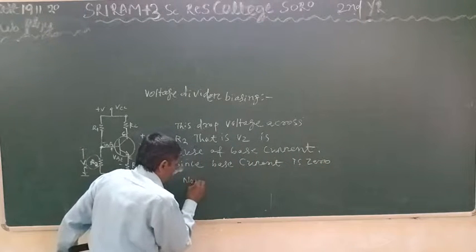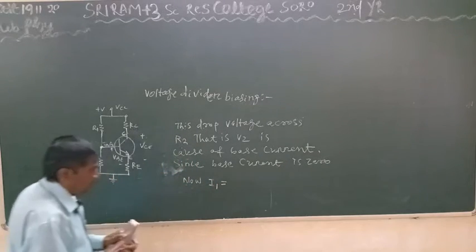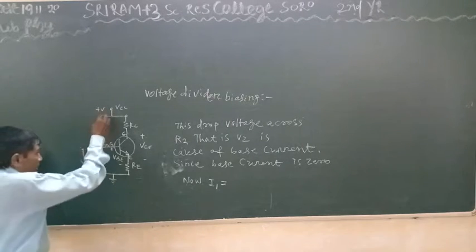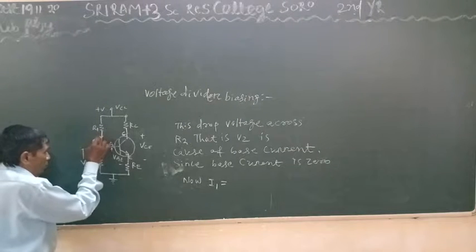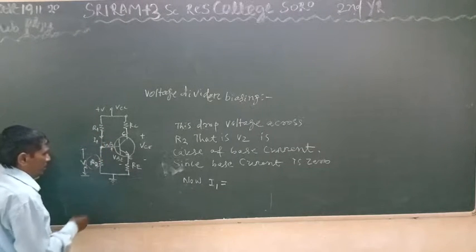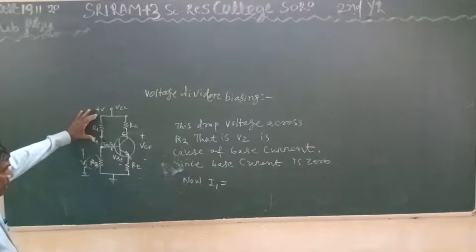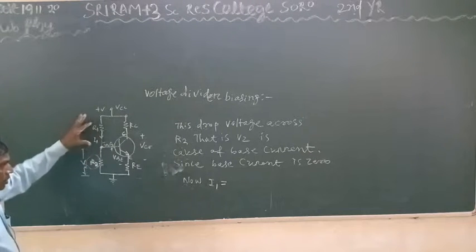Now the value of current I1. In this circuit, the current flowing through R1 and R2 is known as I1. This I1 flows in R1 and also R2 because this is a series circuit.